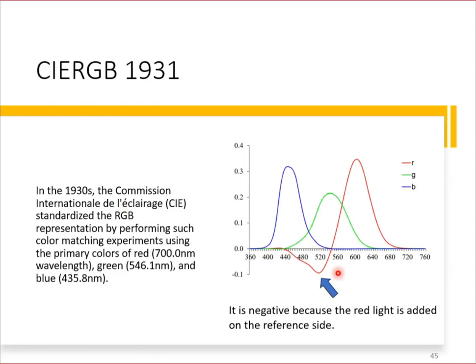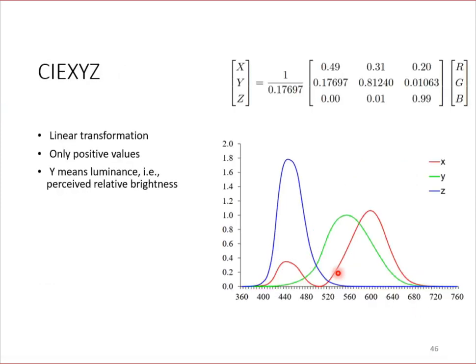But however, there are negative numbers. It is inconvenient for most cases. So they use a linear transformation from RGB to another set of numbers, X, Y, Z, through this equation. Okay, so they create a color space named CIE-XYZ.